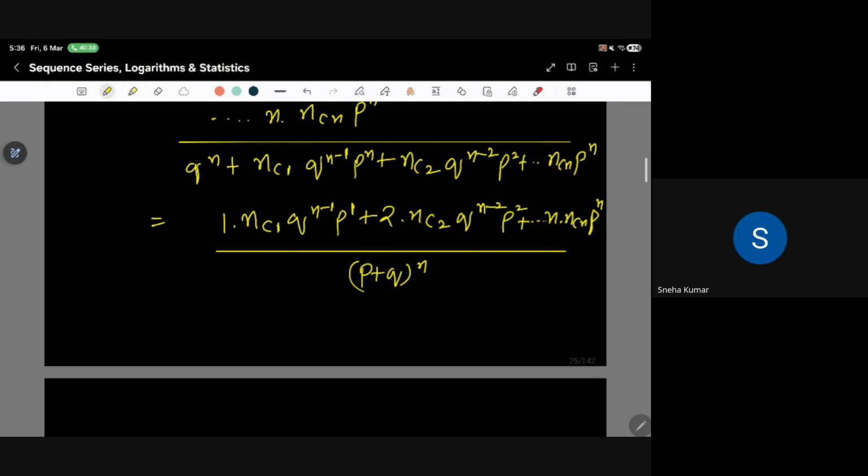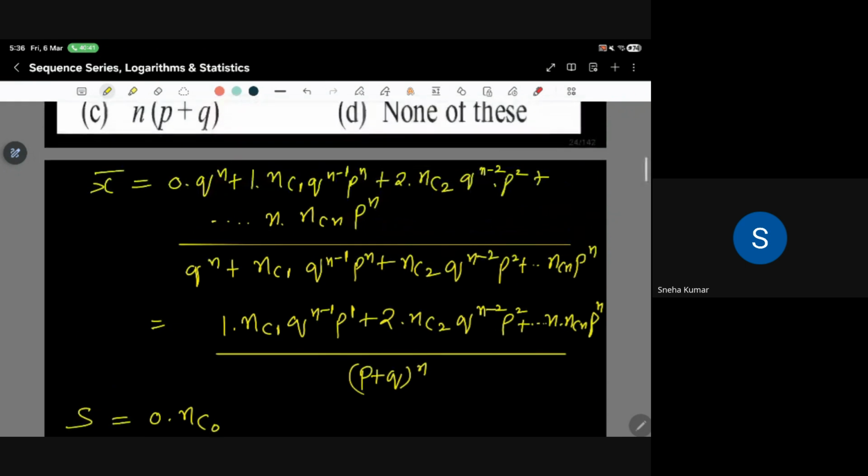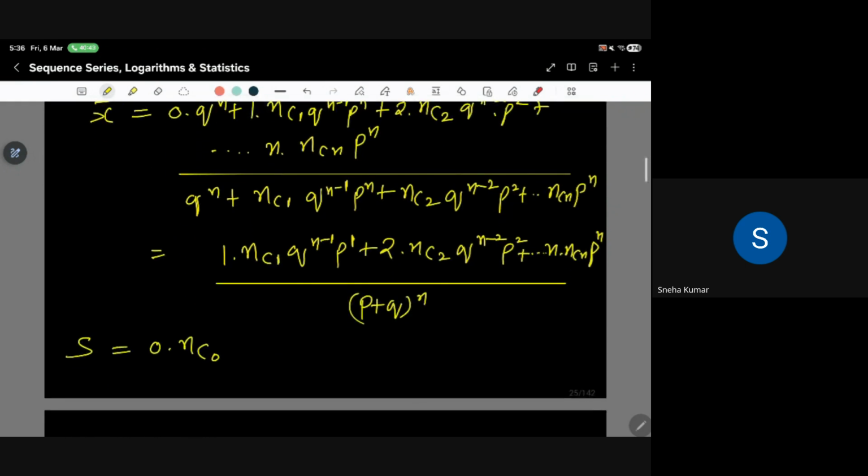If I take the sum as s, taking from 0: 0 into nC0 q to the power n, 1 into nC1 q to the power n minus 1 p to the power 1, 2 into nC2 q to the power, let's only write the last one, n into nCn p to the power n.